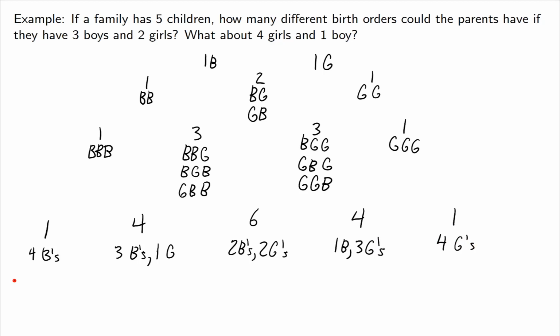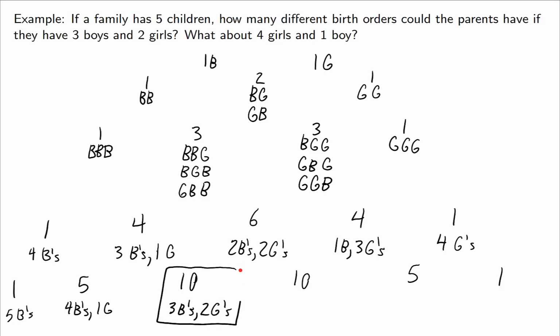And similarly, 1, 5, just adding, 10, 10, 5, and 1 would be your possibilities, and you can kind of work your way through. So this would be 5 boys. This would be 4 boys and 1 girl. This would be 3 boys and 2 girls, which, by the way, is one of our questions.